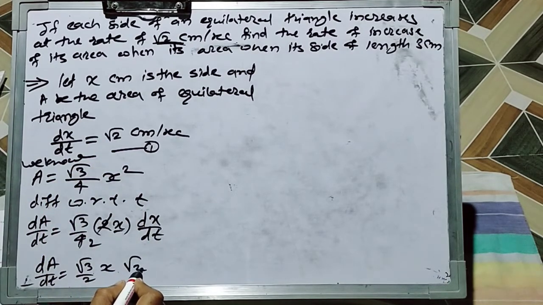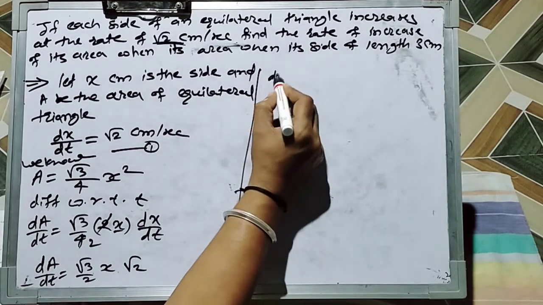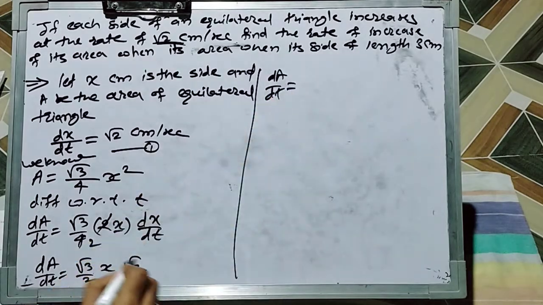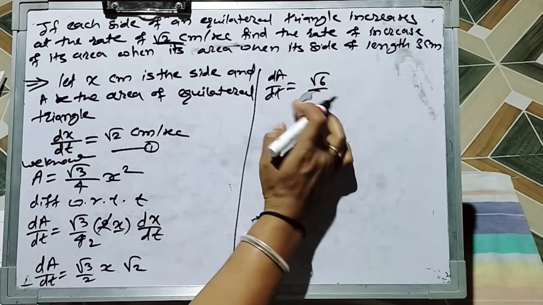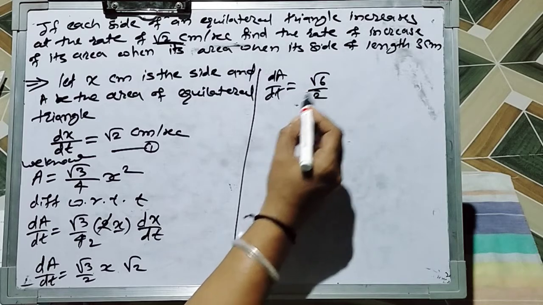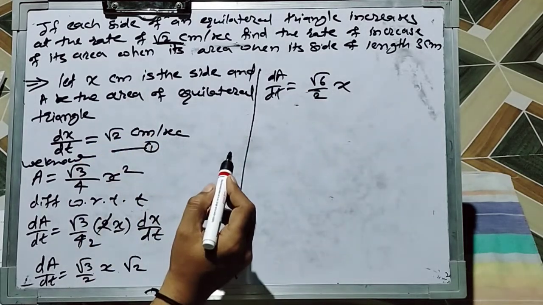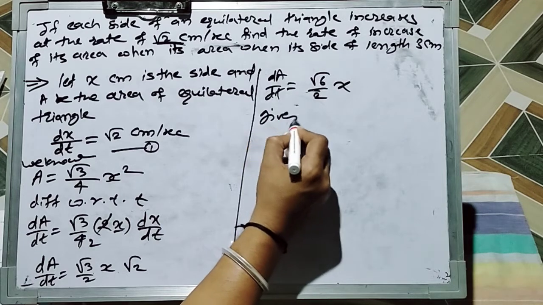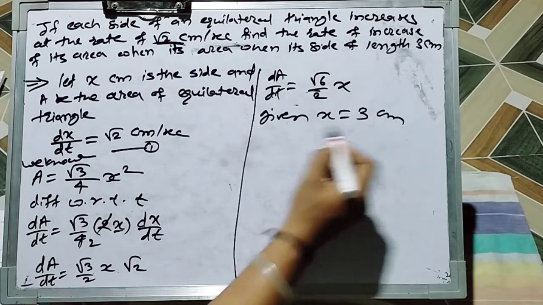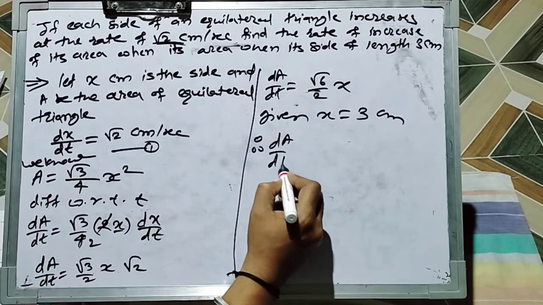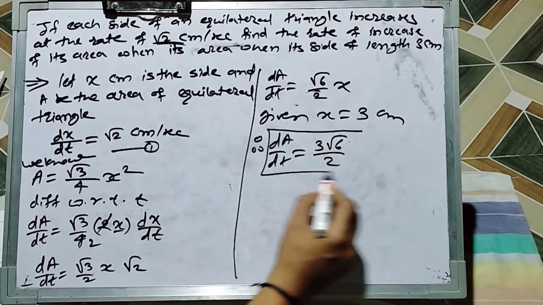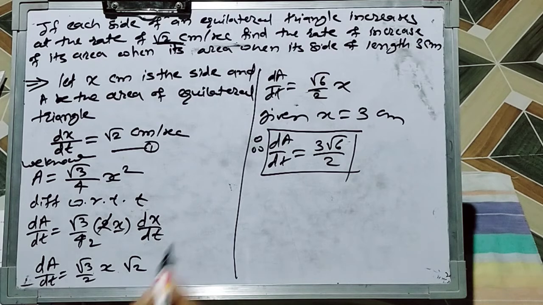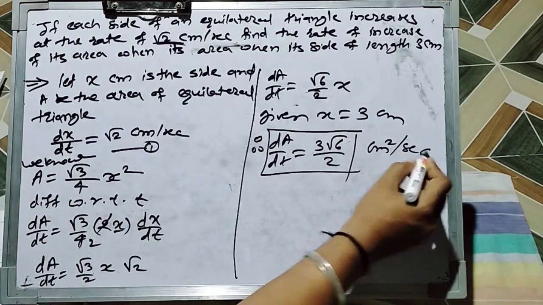So dA by dt equals root 2 into root 3, which is root 6, divided by 2 into x. But again, given x equals 3 centimeters, therefore dA by dt equals 3 root 6 divided by 2 centimeters squared per second.